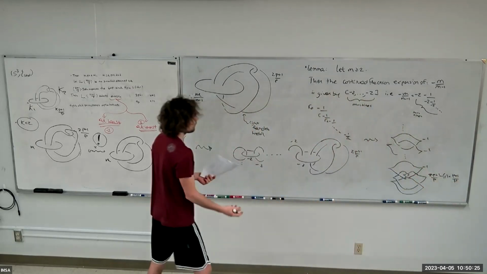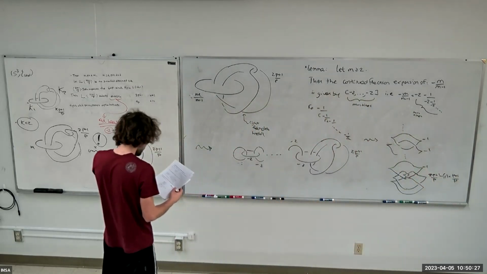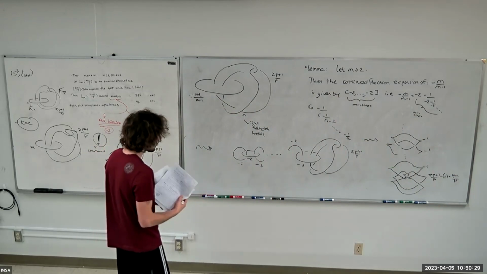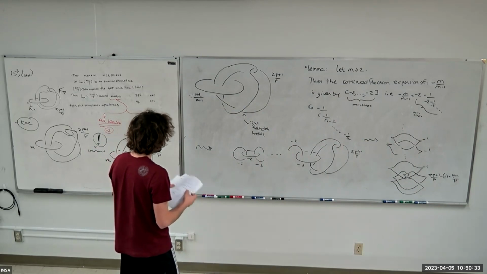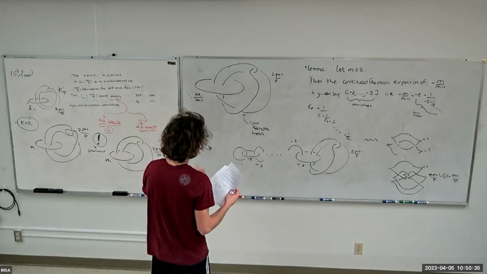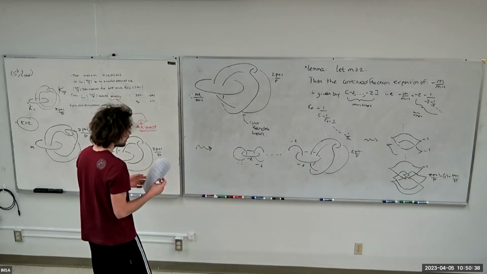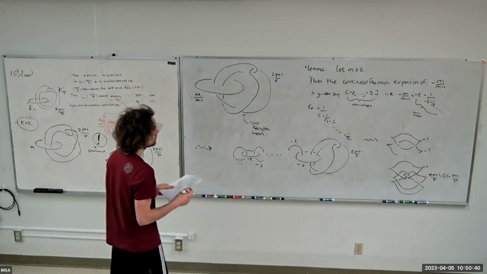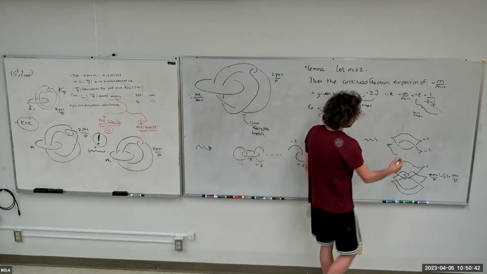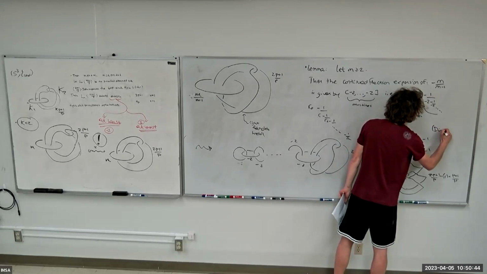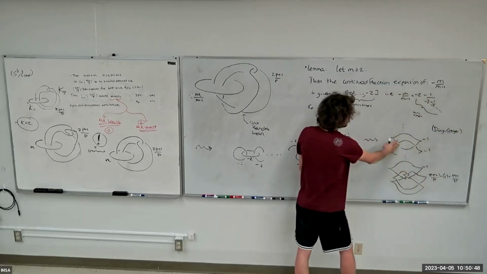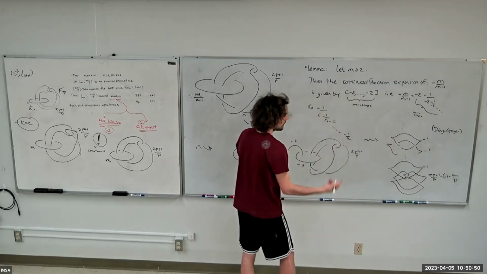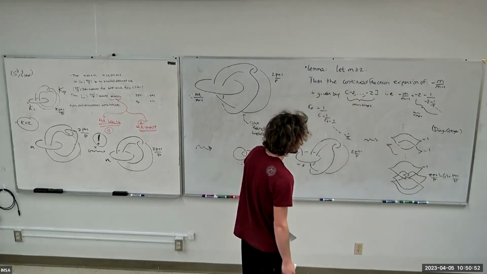Okay, so I have my Legendrian surgery diagram, and now what I want to do is turn this into a plus or minus 1 Legendrian surgery diagram. And to do this, I will use the usual algorithm. I mean, here there's nothing to do. It's already a minus 1 Legendrian surgery.